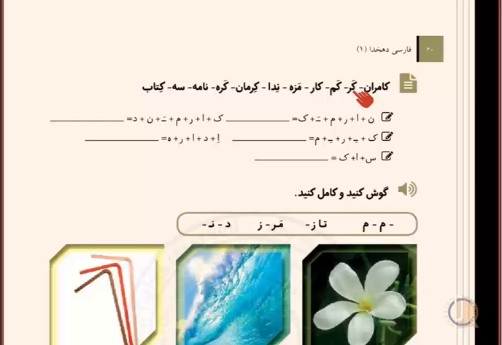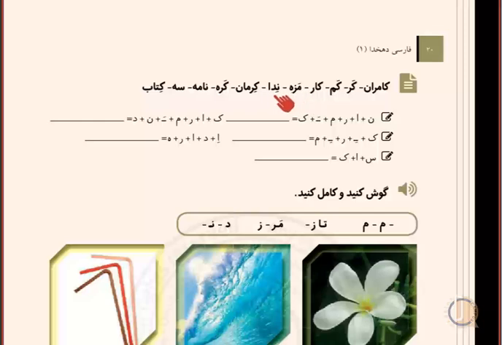Let's continue. Practice reading these words. Kamran, kar. Kamran is a name of boys. Kar, that is deaf. Kam, little. Kar, job, work. Maze, taste.